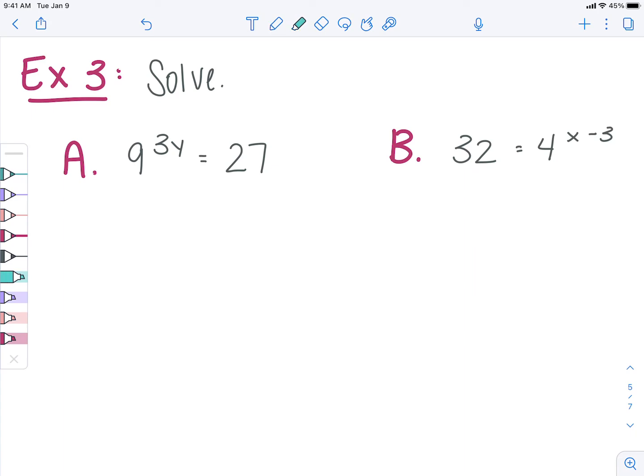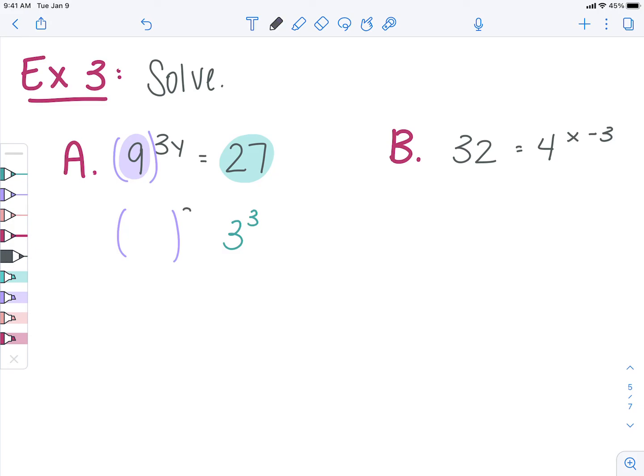So I'm going to change 27 to be 3 to the third. And I'm going to change 9 to be 3 squared. Now when I change 9, since 9 already has an exponent, I put this 9 in parentheses and I keep the parentheses only with the 9 inside.